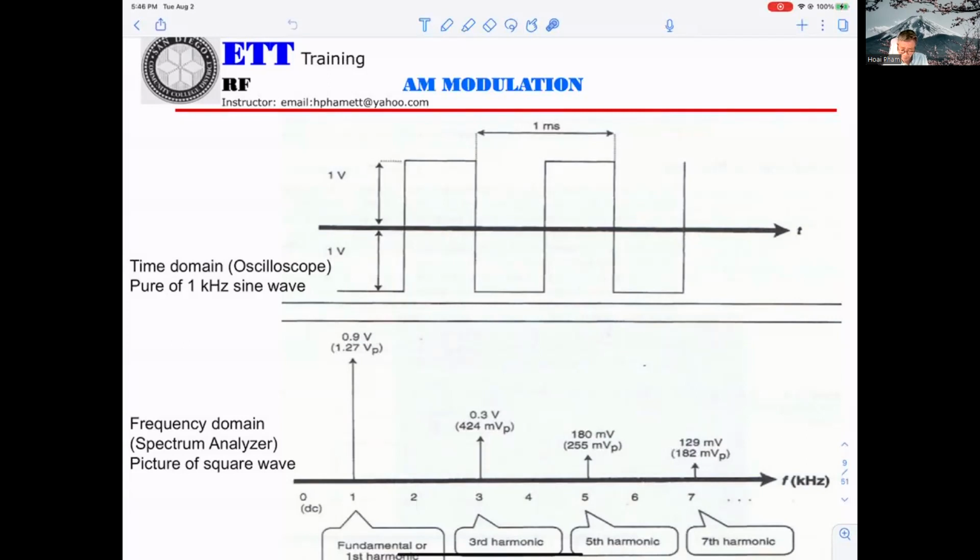Okay. When you're working on the spectrum analyzer, you will find they say 1.27 volt peak or 0.9 volt. How is the relation between those two numbers? Yeah, that's what I don't understand. Maybe they can be an average voltage.